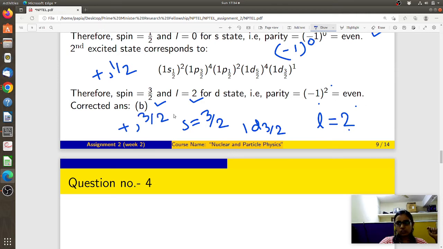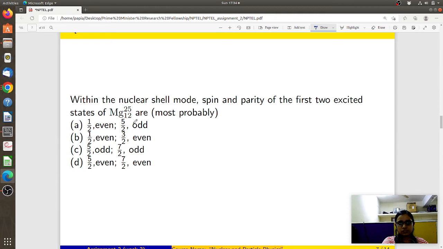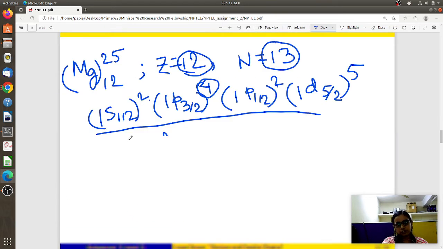Okay, I think it's clear to all. So the option will be B. Option B is 1/2 even, 3/2 even: first excited state 1/2 even, and second excited state 3/2 even.